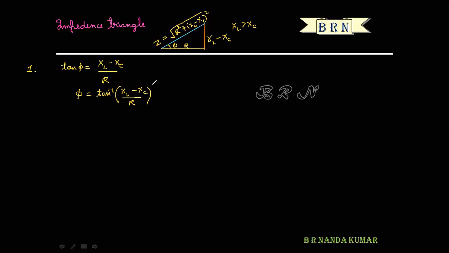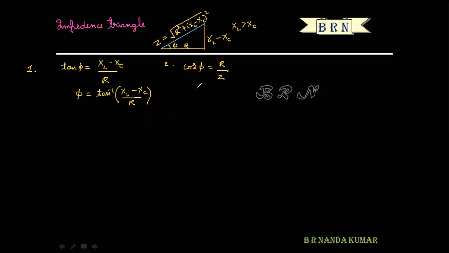So in terms of R and Z, what is the phase difference? Again in the triangle, what is the value of cos phi? Actually, this is the power factor in the LCR series circuit. The quantity cos phi is called the power factor. Cos phi is equal to R divided by Z, since cos theta is base divided by hypotenuse.